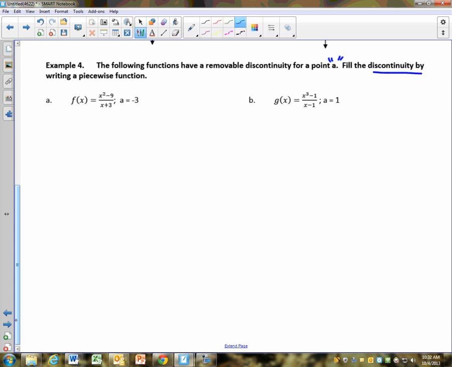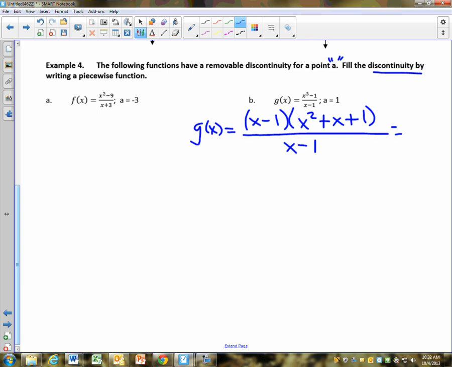So, let's remove the discontinuity here. What does the function want to look like? x squared plus x plus 1. That's what it wants to look like.